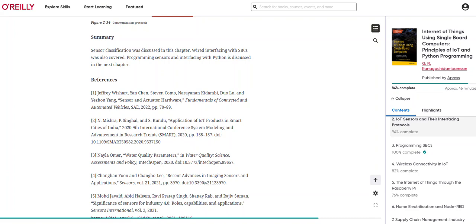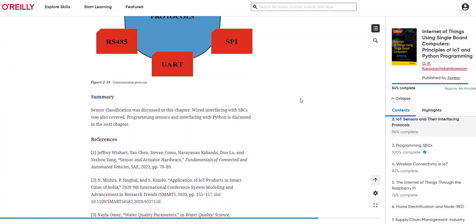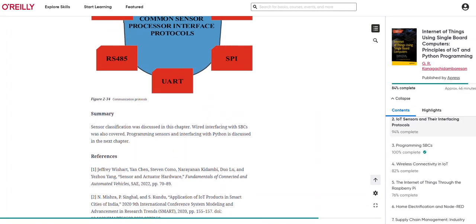We use a sensor library that abstracts the low-level communication, allowing us to retrieve the temperature with a simple function call. We essentially, as I like to call it, outsource the work to a function. That function does the work for us. Okay. The process, hardware connection followed by software configuration, is the heart of sensor interfacing in IoT systems.